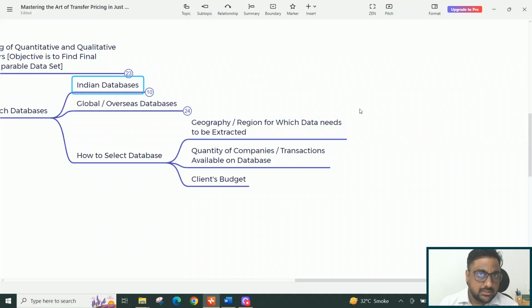So I would suggest don't compromise with the benchmarking process or the fees part. As a TP consultant, you need to understand that this is an entirely subjective matter which can be litigated in any forum, and if you don't have a strong justification for your positions, it is not advisable.